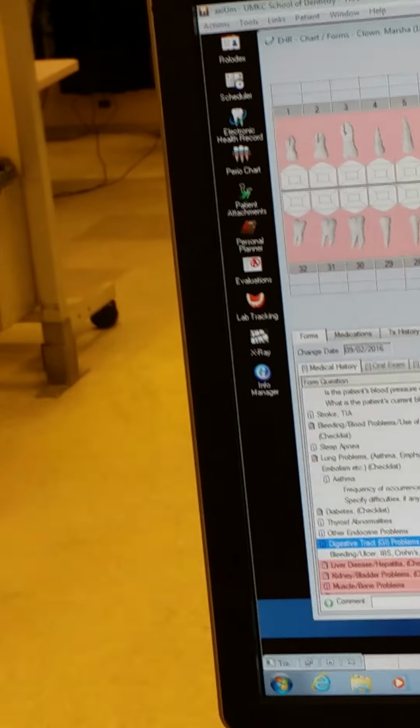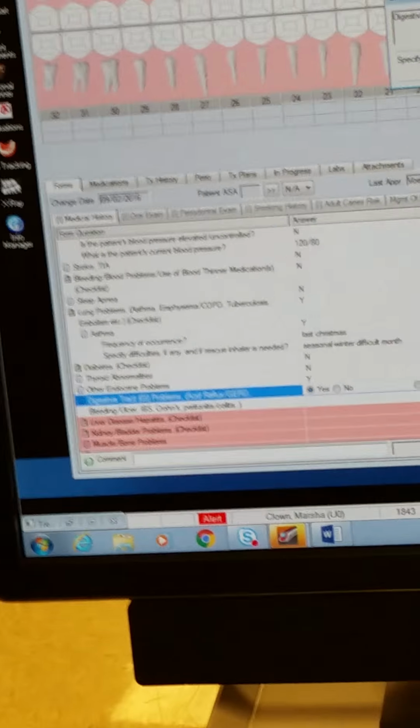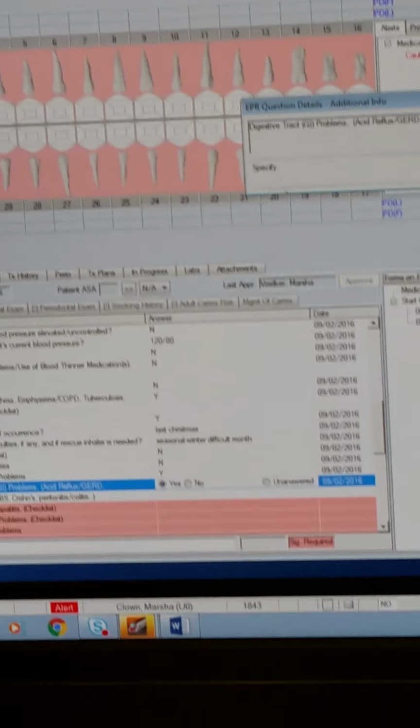Prilosec. There's Nexium, Prilosec, and then there's the generic Prilosec.